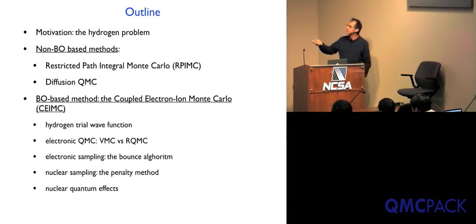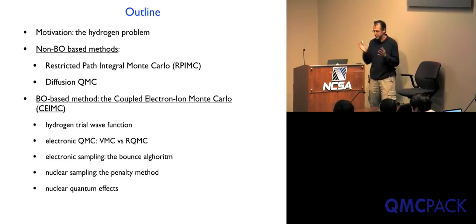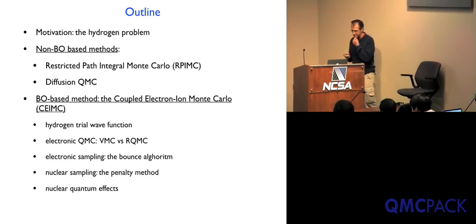And here are the elements of the coupled Electron-Ion Monte Carlo. We have worked quite a bit on developing a good wave function. Then we, of course, do an electronic calculation. But you understand, Born-Oppenheimer means that you have this separation of time scales, as Miguel was explaining yesterday.